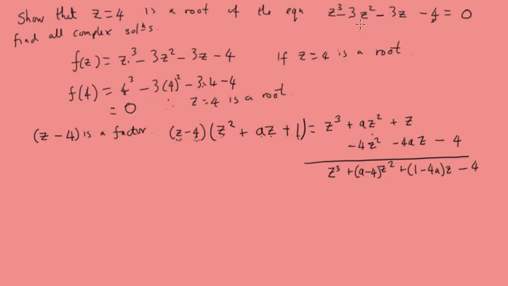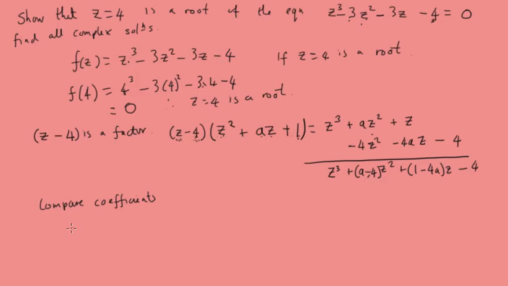Now we can compare coefficients. So here z squared is minus 3.